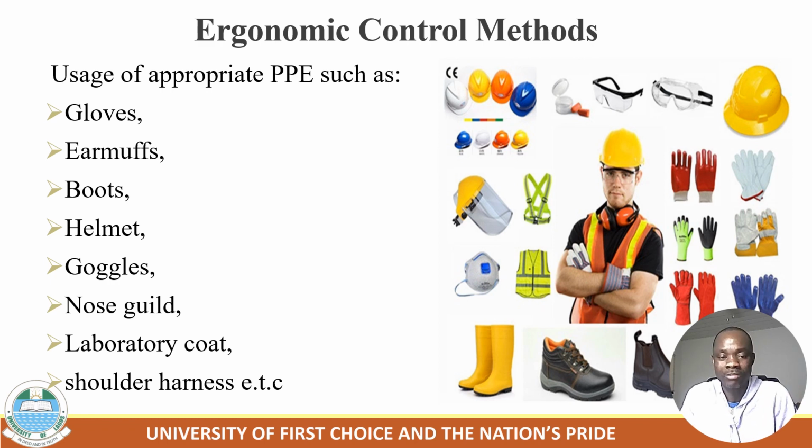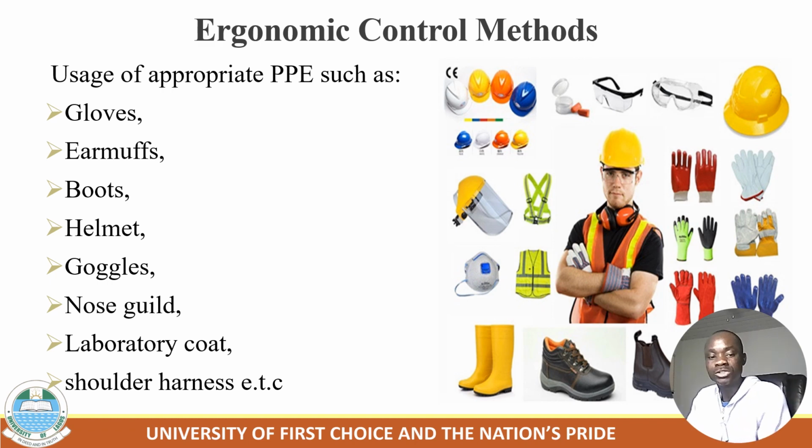And also we have the safety goggle to protect the eyes against any flying hot and sharp objects, even against ultraviolet rays. The type of operation you want to carry out will determine the type of safety goggle you are going to use. They have different types. We have the transparent safety goggle, as well as the opaque safety goggle, like the one used for welding operations.